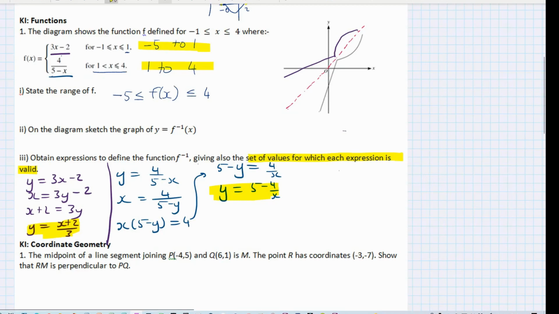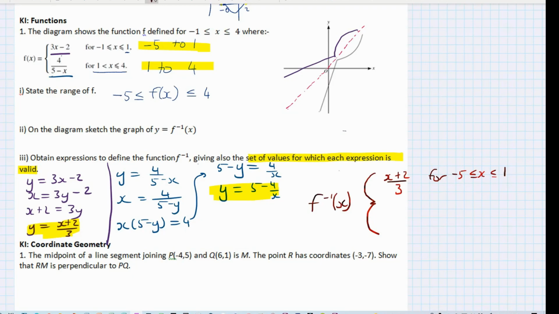We'll write it a little bit like they have. We'll go the inverse function, and we've got two parts to it. The first one is (x plus 2) over 3, and that's for -4 minus 5 is less than or equal to x is less than or equal to 1.